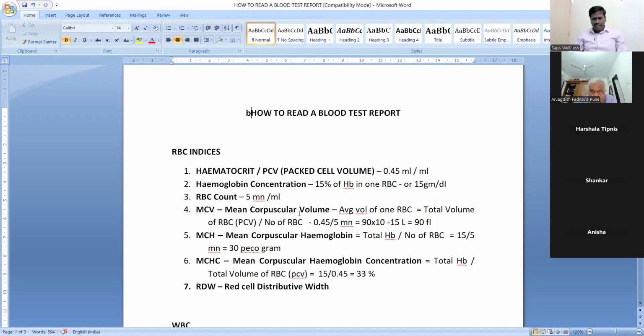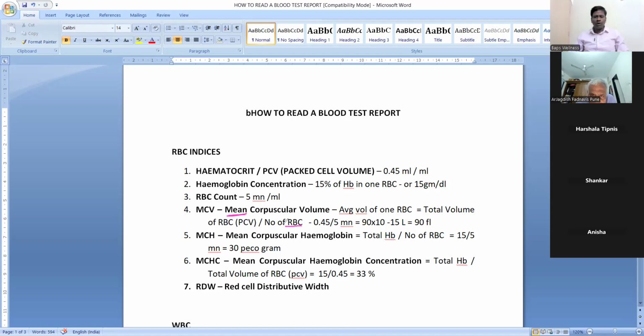The formula for that is the total volume of RBC divided by the total number of RBC cells. Then we will get the mean. Mean is for one cell, what is the volume?